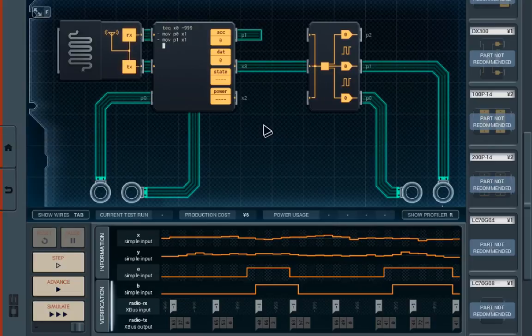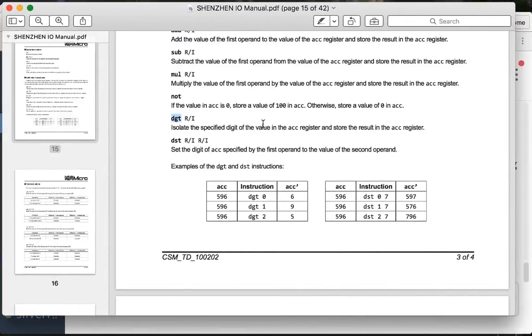Okay, so given that, I think we have our answer here. And again, this should start with a minus. We're going to move x3 into ACK. And we're going to get out the digit. How does digit work? Digit of 0, 1, and 2. Okay. So 0 gets out the 1's component.